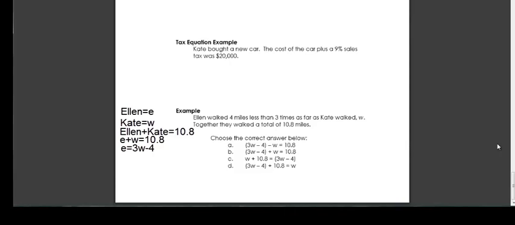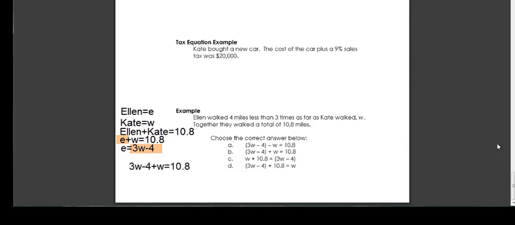And you're probably looking at these thinking, that looks nothing like A, B, C, or D. So let's combine these so we have 1 equation with 1 unknown. If we do that, we said that E equals 3W minus 4. So right here where there's an E plus W equals 10.8, let's plug in 3W minus 4.